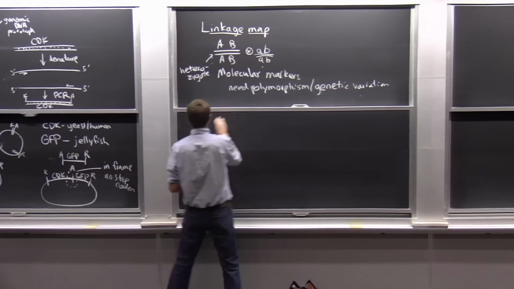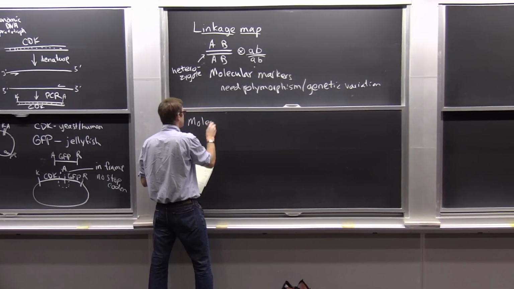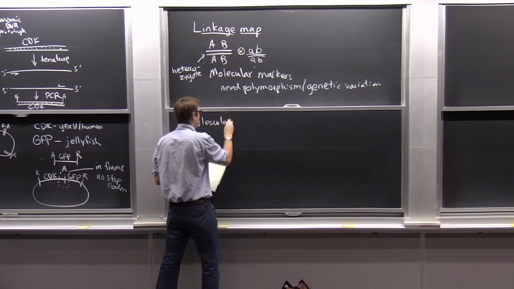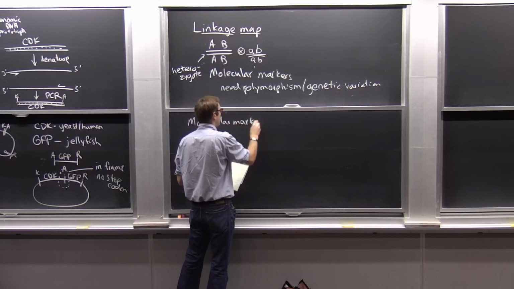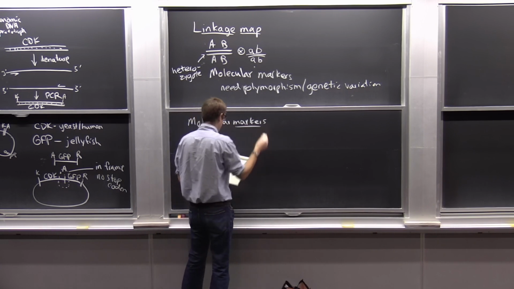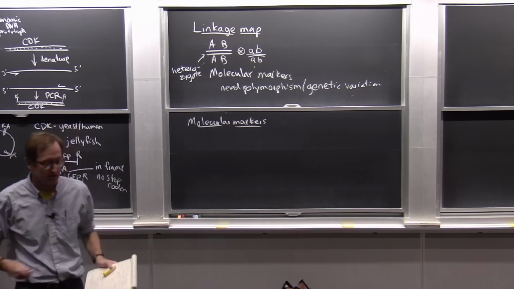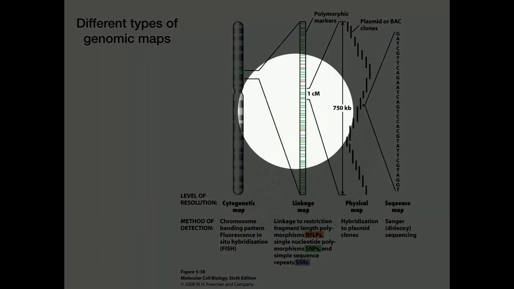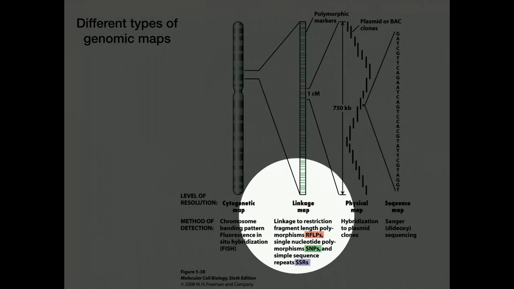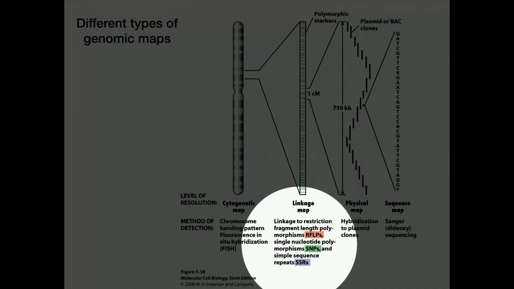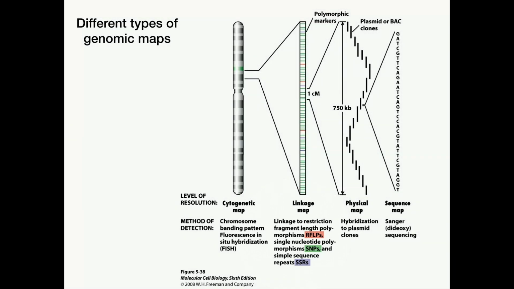So now I want to talk about some of these molecular markers that we can use and how they vary between individuals and between chromosomes, okay? Now this is going to be maybe the lowest resolution map, but I'm talking about sort of this linkage map here, and you can see highlighted at the bottom here are various types of polymorphisms that we can use to link a given disease allele to a specific chromosome and a specific place on a chromosome.